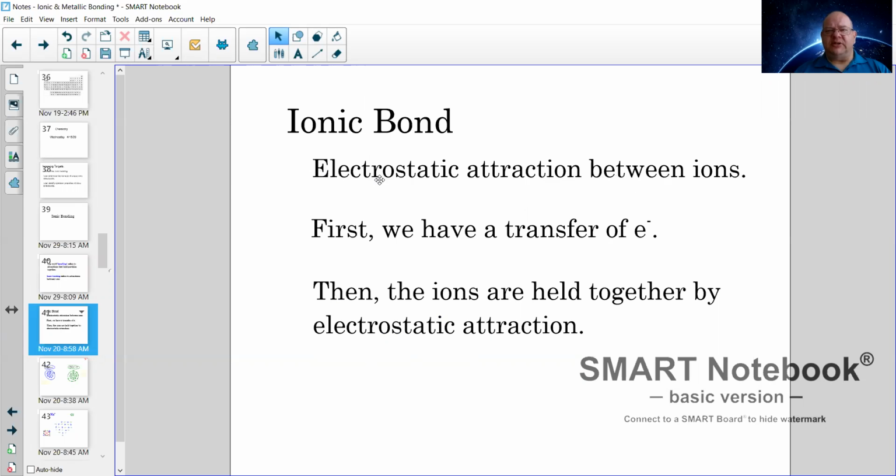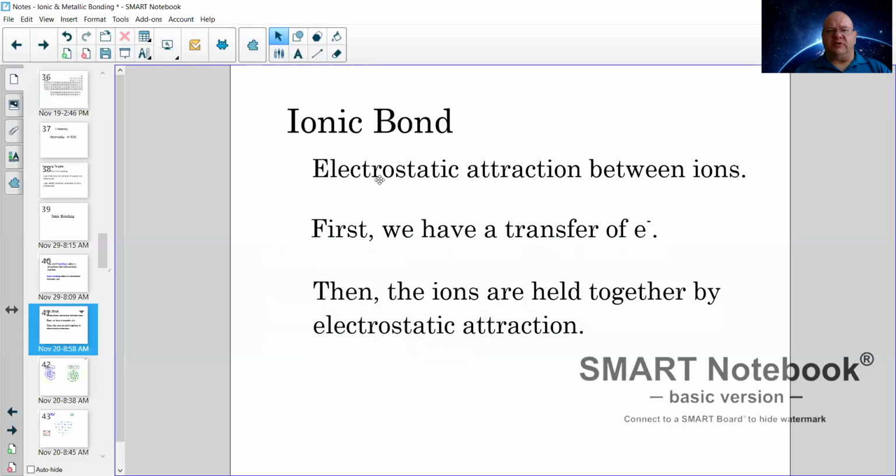At some point as a kid, maybe you rubbed a balloon on your head, and if you had hair, you see that the hair sticks to the balloon, or you can rub the balloon on your head and then stick the balloon on the wall. That's because of the charged particles, and there are attractions between the charged particles. So electrostatic is just that attraction between oppositely charged particles.